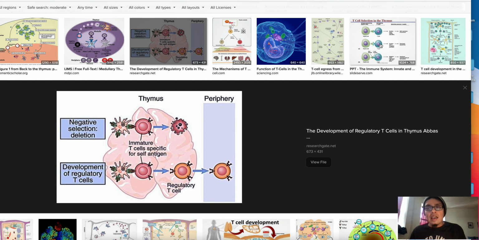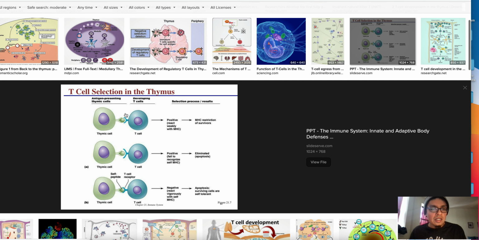You can think of these antigen-presenting thymic cells as bootcamp instructors, and these T cells as the recruits. So the T cells get there, and this is kind of brutal actually. They have to first build their receptors. They go through stages of this selection process called T cell selection.